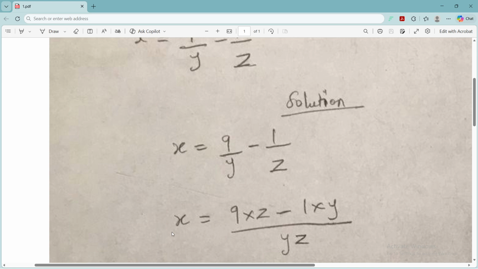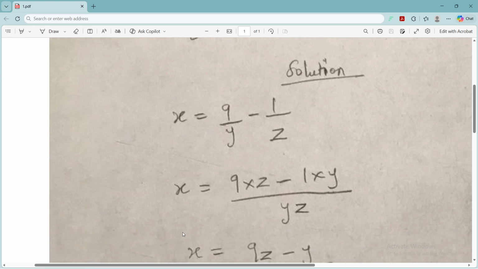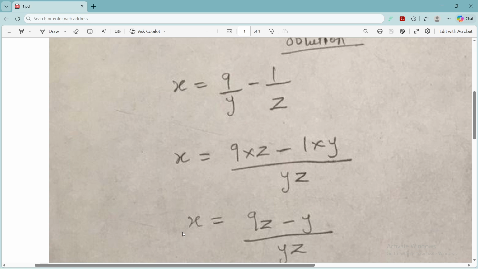And this s here has an invisible one, okay? So we are going to simplify. In simplifying, we are going to have s equals the fraction 9 multiplying z will give us 9z minus 1 multiplying y will give us y, because every number multiplying 1 is that same number.